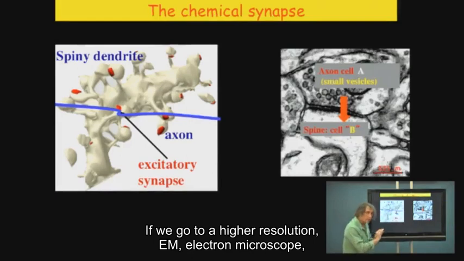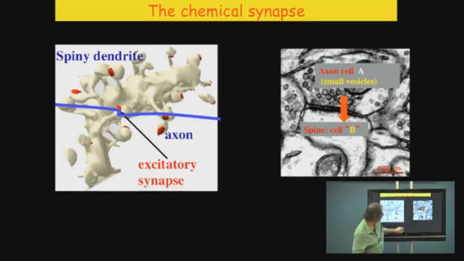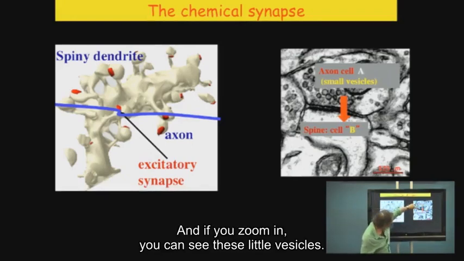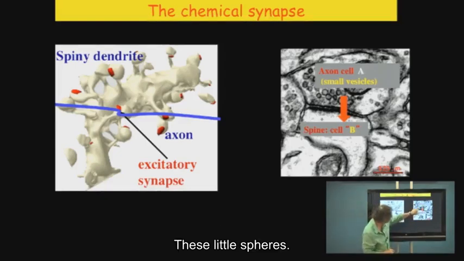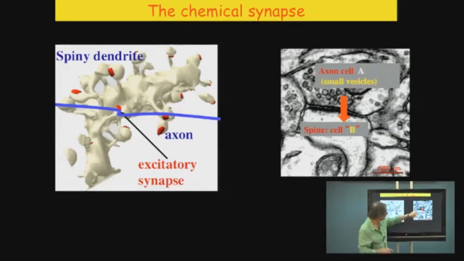Usually, this axon tries to excite the postsynaptic dendrite and the postsynaptic cell. Now, if we go to a higher resolution EM, a very high resolution electron microscope, we see the axon here. And if you zoom in, you can see these little vesicles, these little spheres. These are the vesicles that consist of the neurotransmitter.